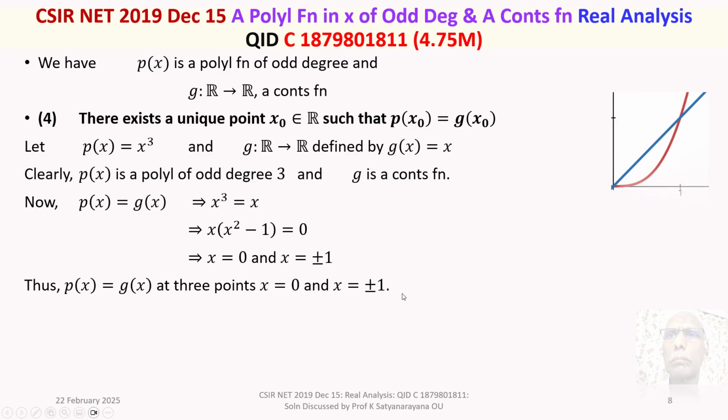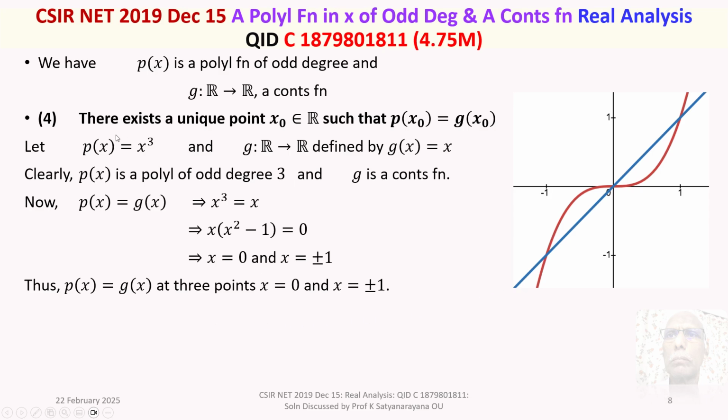So which you can see here. The red one is p of x is equal to x cube, which is a well-known graph. And g of x is equal to x is a straight line passing through the origin making 45 degrees with the x-axis. And the common points are 0, this is plus 1 and this is minus 1.